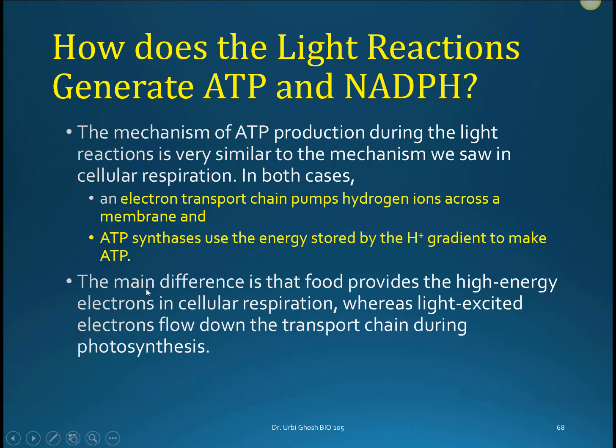Now, the main difference is that in cellular respiration, food provides the energy for the electrons, whereas in photosynthesis, light-excited electrons will flow down the transport chain.